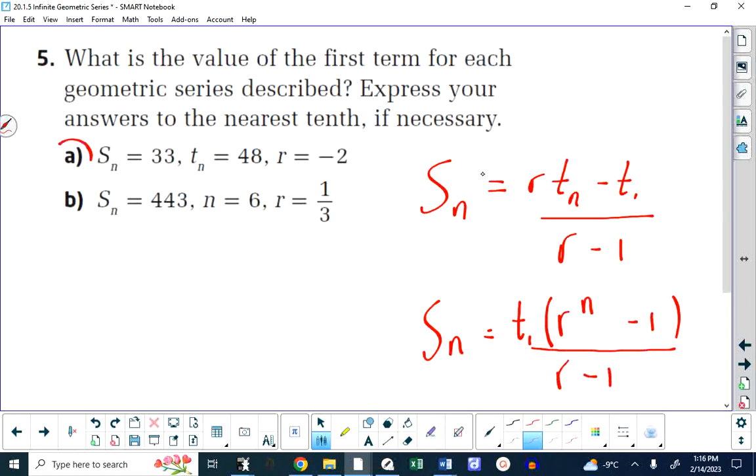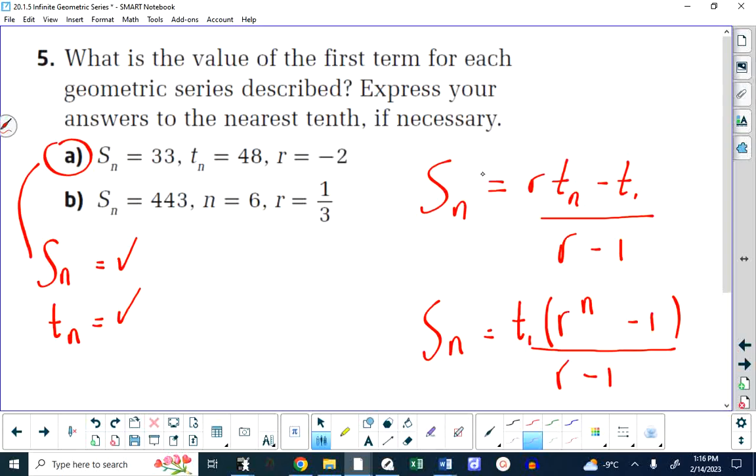So when we take a look at A, we know Sn, we know Tn. Well, right away, I mean, I see Tn. I'm thinking the first formula I wrote because there's a Tn there. That's not to say you couldn't do it with the second formula. You just have to do some other things first.